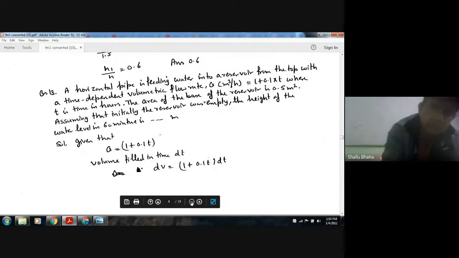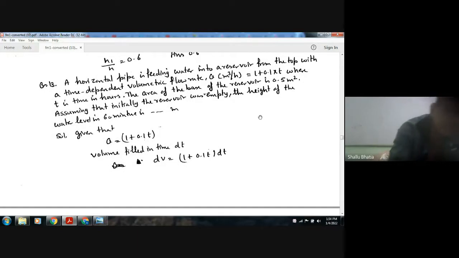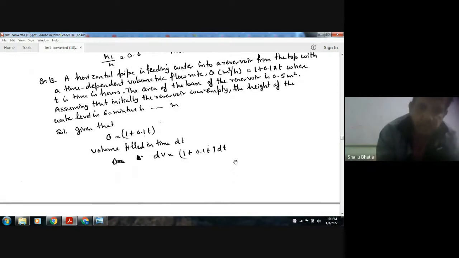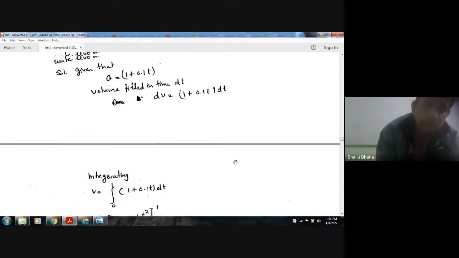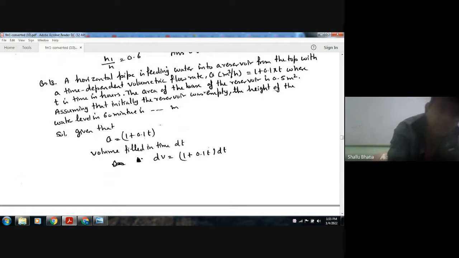So here Q is given as 1 plus 0.1 T, and Q is nothing but dV by dt, the rate of change of volume of the system. So dV by dt is 1 plus 0.1 T. Now integrating, we have to fill the reservoir of base area 0.5 meters square and check the water level after 60 minutes or 1 hour.